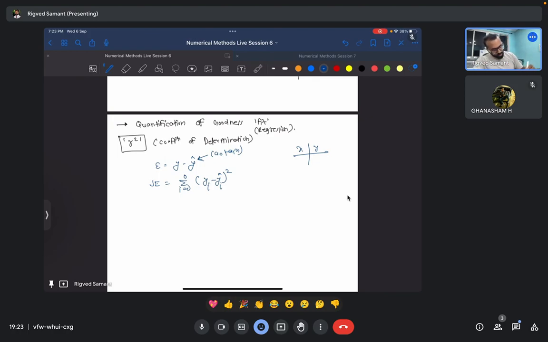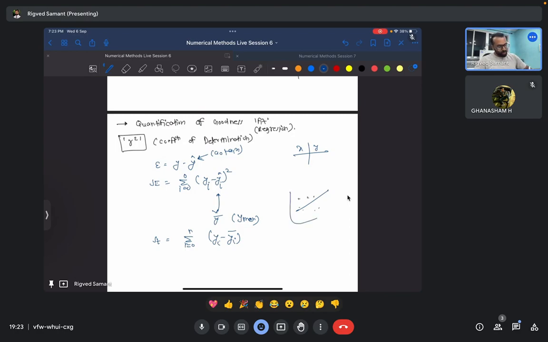So what I'm telling you is, rather than y hat, I will use y bar, the y mean. Rather than building a model, I'm using y bar as my model, and that is given by ST, that is summation i equal to 0 to n of y minus y bar, squared.